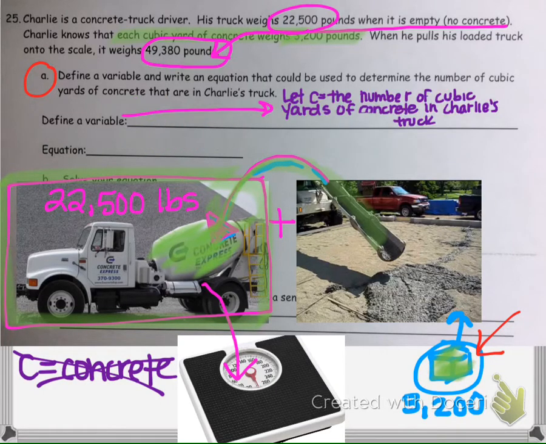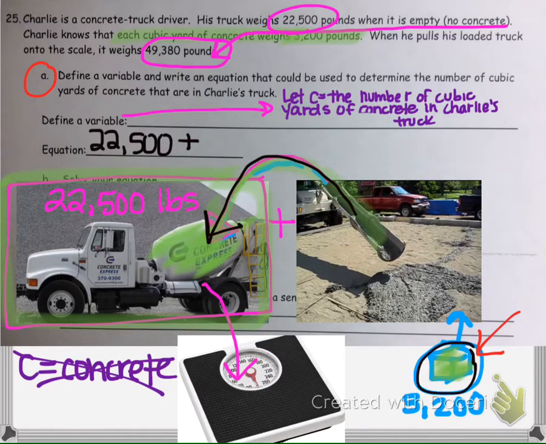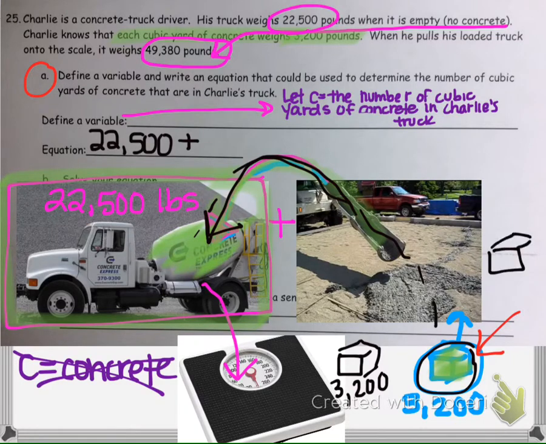Okay, so now we need to write an equation. We have 22,500 pounds plus the concrete that's being poured inside. Each cubic yard is 3,200, so we keep adding 3,200 plus 3,200.